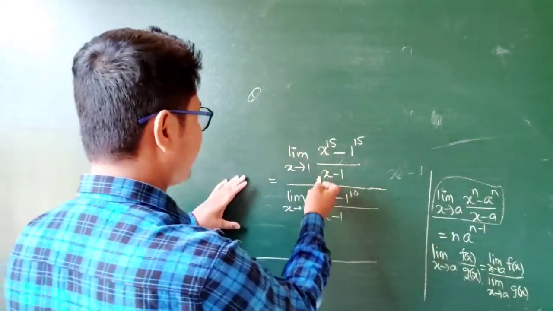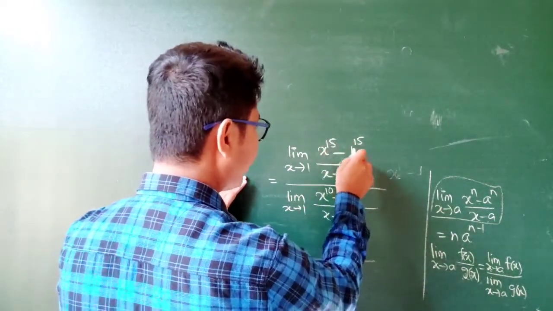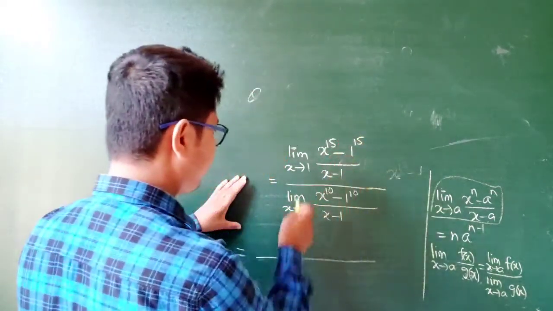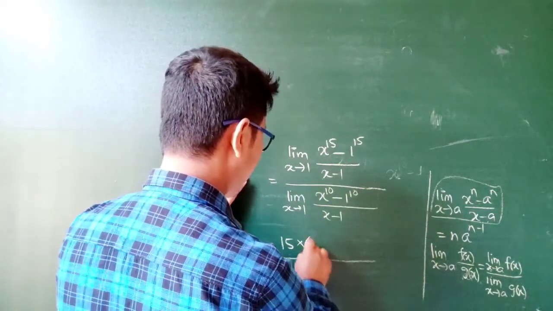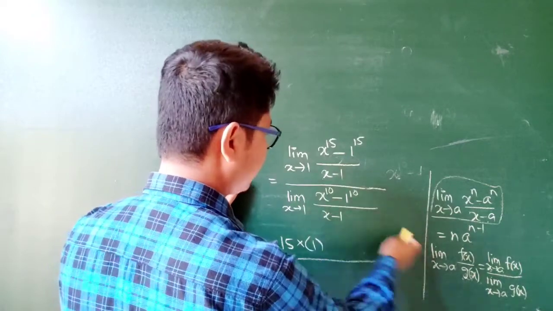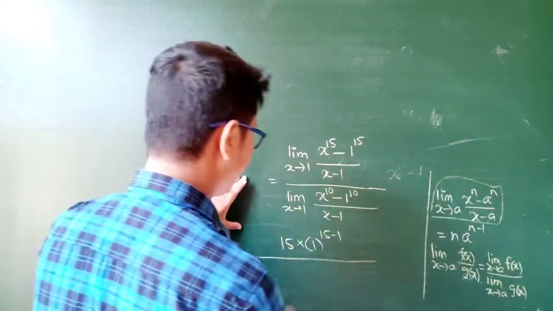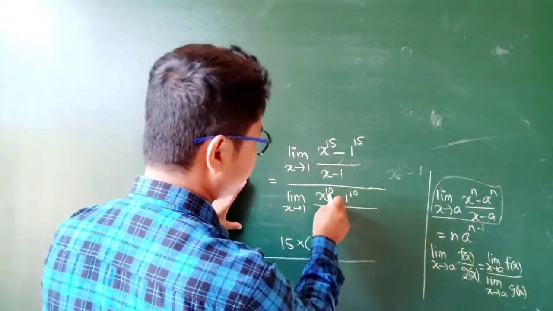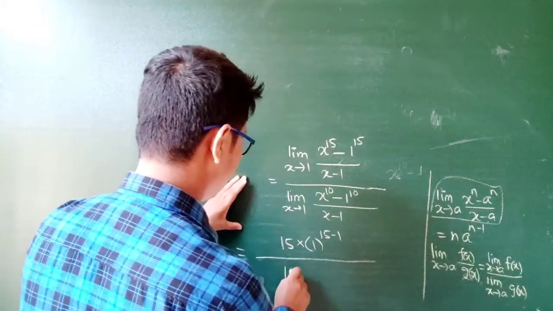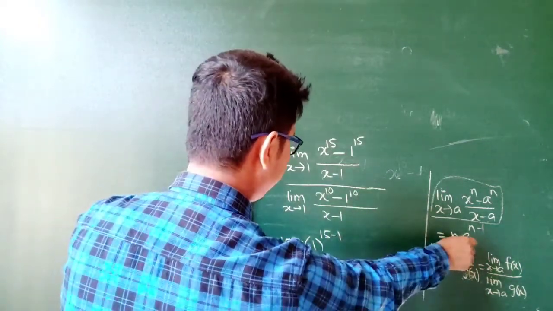Here for the numerator, what is the value of n? It is 15. And what is the value of a? It is 1. So therefore in the numerator we have 15 into 1 to the power 15 minus 1. And in the denominator, what is the value of n? Here the value of n is 10. What is the value of a?